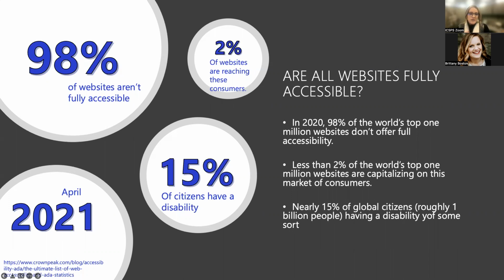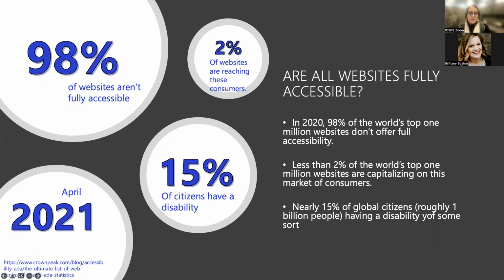That means less than 2% of the world's top 1 million websites are capitalizing on this market of consumers. That includes our students, our potential students, recruiting students, and our current students, right? They fall underneath that umbrella of consumers that some of these websites aren't able to reach. I'm not saying that your website isn't ADA compliant, but that's what we're going to talk about today. We're going to ensure that it is.